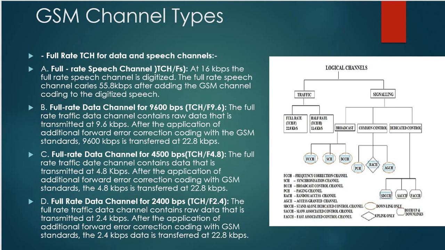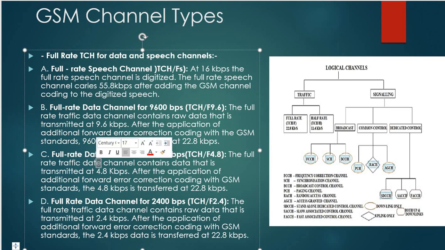The full rate traffic data channel contains data that is transmitted at 4.8 kbps after the application of additional forward error correction coding with the GSM standard. The 4.8 kbps is transferred at 22.8 kbps.